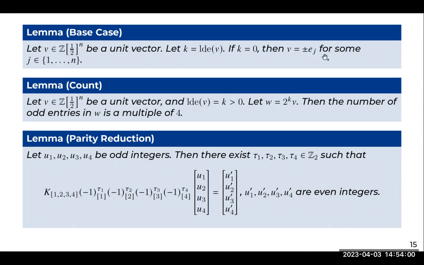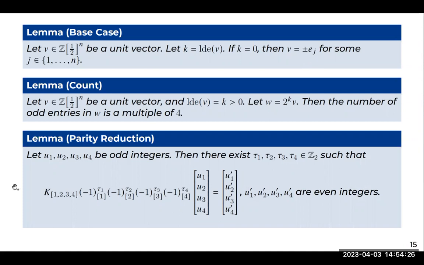Now, we don't really mind where this 1 is in the vector because you can always use the 2-level NOT gate to swap them. And you can also have a count lemma saying that if you have a unit vector and its LDE is not equal to 0, then the number of odd entries in its integral part, in its reduced form, must be a multiple of 4.